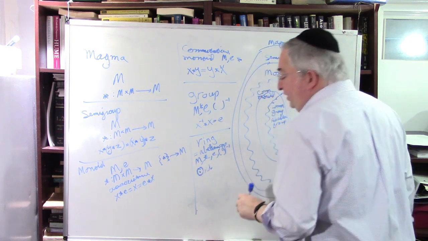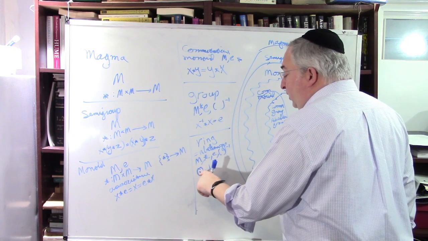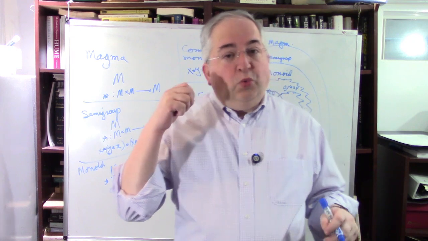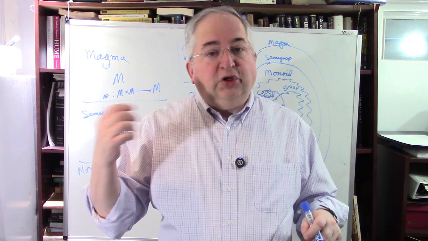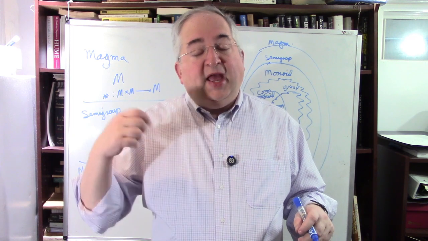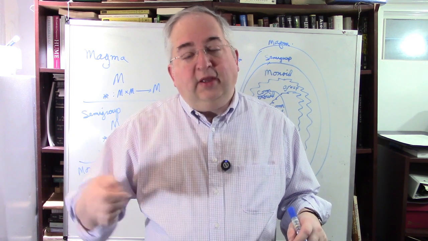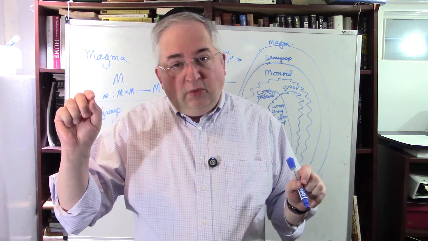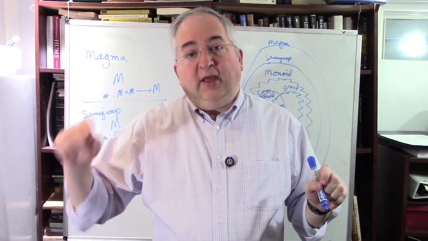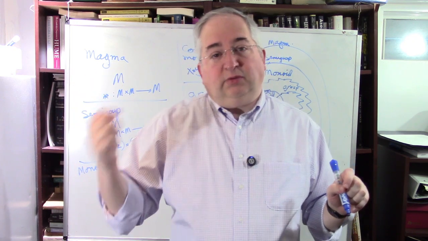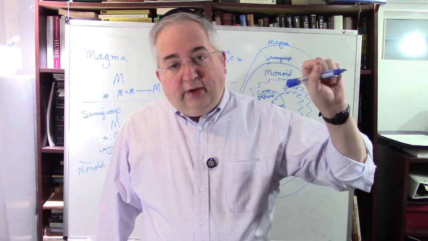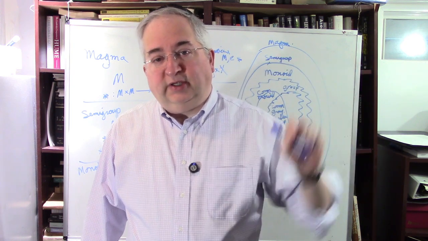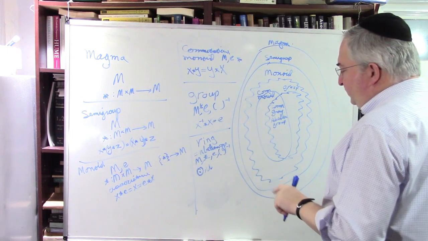If you think about the natural numbers, this is multiplication, and the unit for multiplication is what you multiply by to get the same thing back. The answer is x times 1 is equal to x. So you have 0, which is the unit for addition, x plus 0 is equal to x, and you have 1, which is the unit for multiplication, x times 1 is equal to x. So that's an abelian group.